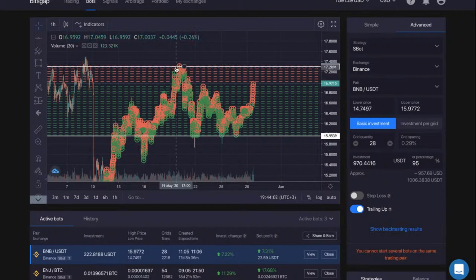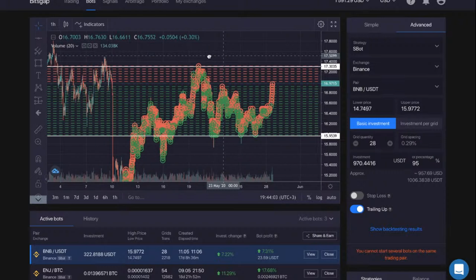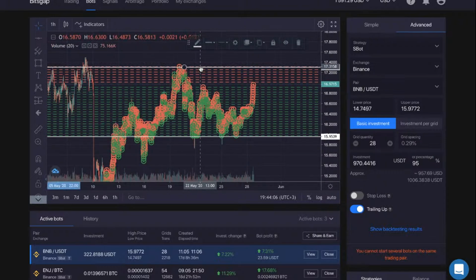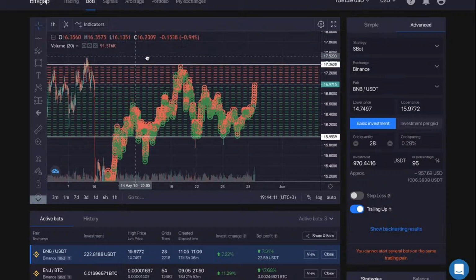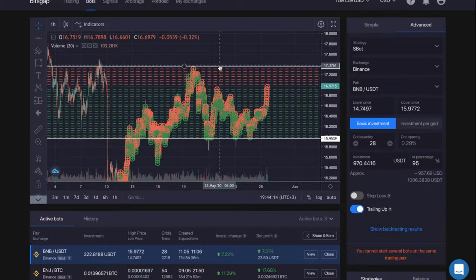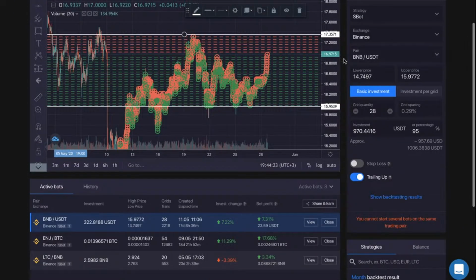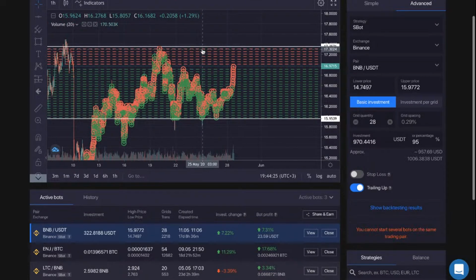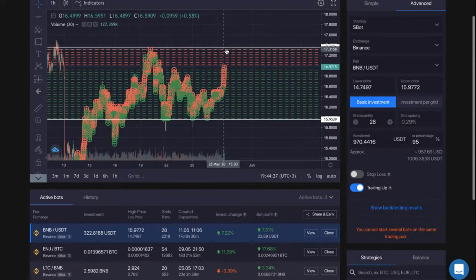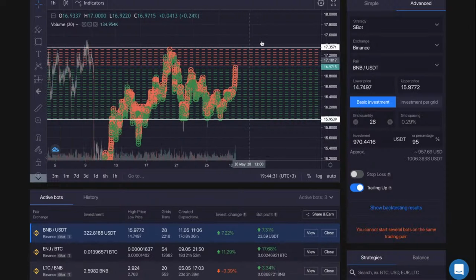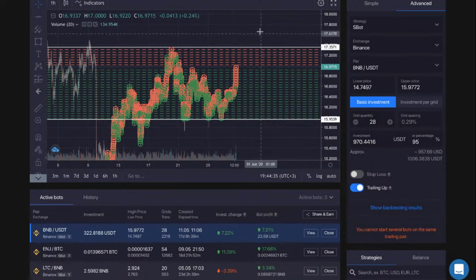The trading range right now is placed in a way as I would expect it to be if I would just initiate the bot right now. So if I would open the trade for BNB and USDT right now, I would place exactly the same trading range, because we are in the sideways market right here.